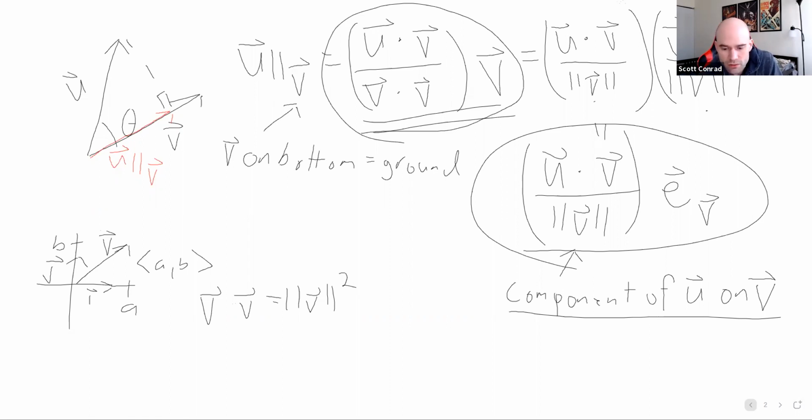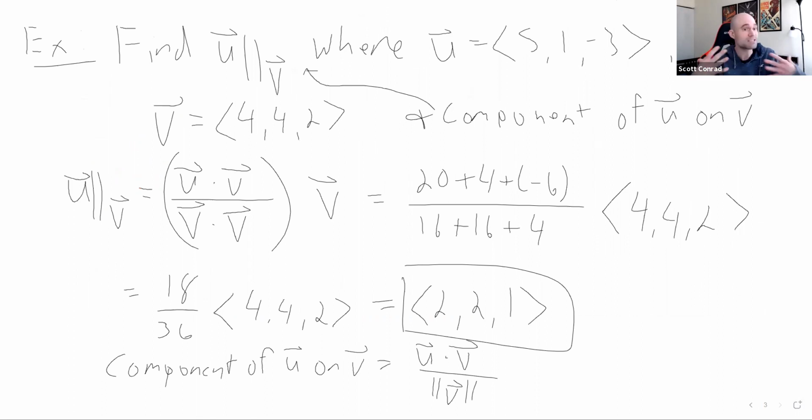So the formula is, you get a dot product divided by a dot product, that's a number, and then you multiply that by a vector. So it's a scalar times a vector, which is a vector. So a projection is a vector. The component piece is a scalar itself, but the projection is a vector.